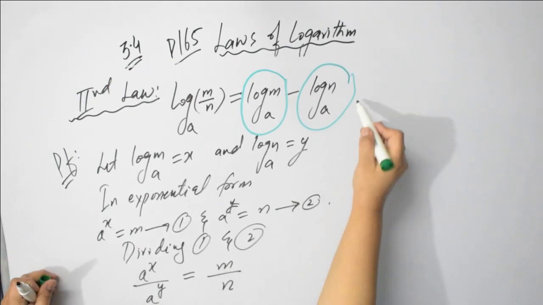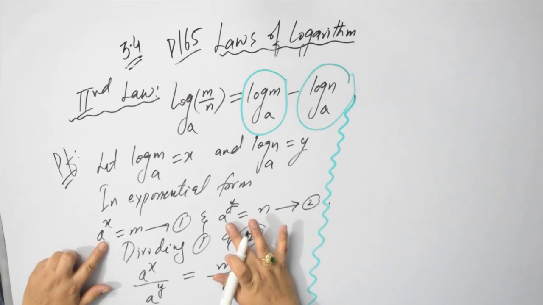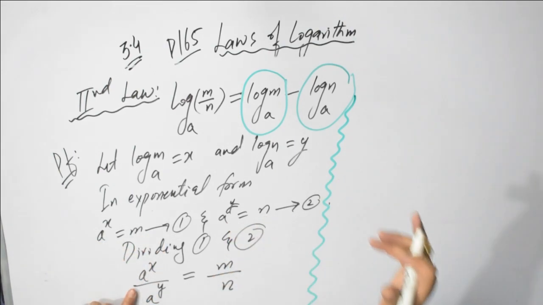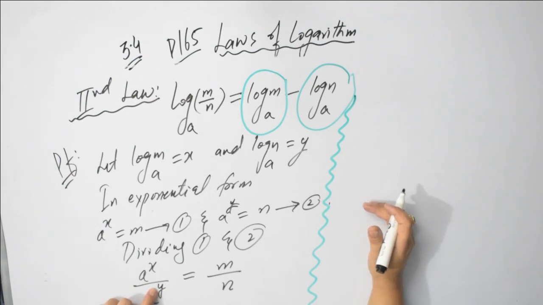Right students, simply we did it: we divided their left hand sides and their right hand sides, this divided by this and this divided by this. Okay, now according to your second chapter, you see bases are the same and they are dividing with each other. So when I shift this number to the numerator, obviously the sign of its exponent will change.